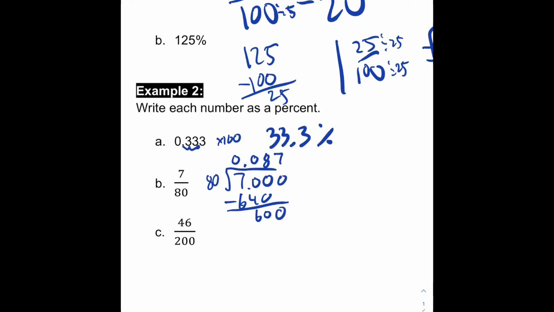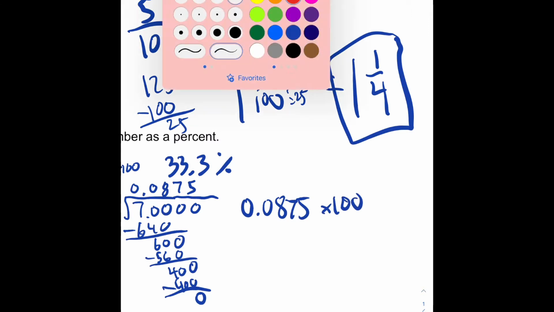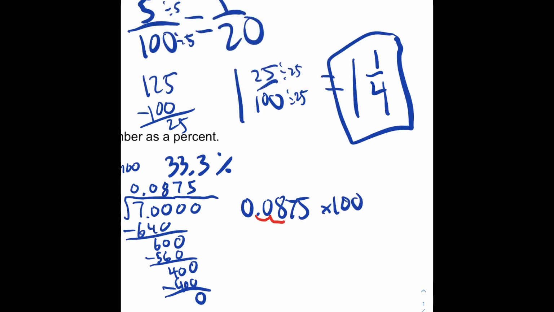I'm going to get 7 this time, which is going to give me 560. 7 times 80, 560. Getting closer. Now I have 40 and 400, and this is going to be 5. Whew, finally. So that's not quite a percent, that's a decimal. 0.0875 multiplied by 100, that's going to move my decimal 2 spots over. So I'm going to get 8.75%.